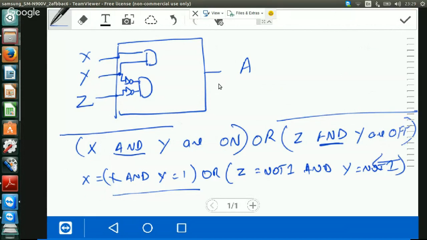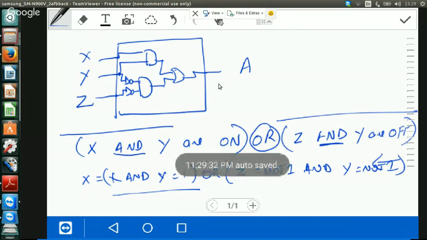Y will be not 1, so we pick from here, because it's 1, so we pick Y from here. And this is the OR gate. And there you go.